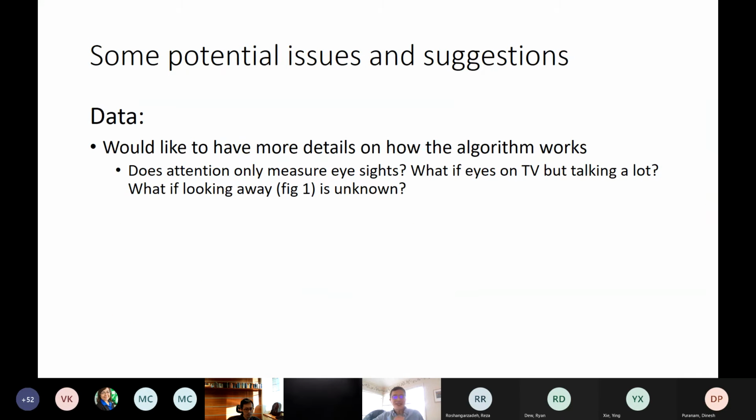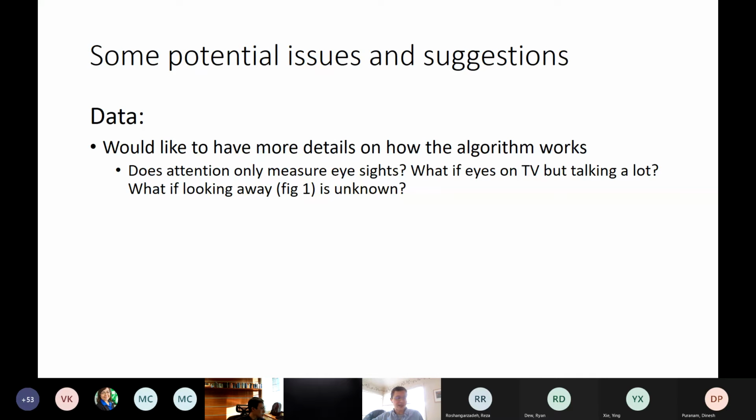All right. So having said that, now I will discuss some of the potential issues and give suggestions on what can be done. I will focus on three parts. The first is about data. I really want to see more detail in the paper discussing how the algorithm works.